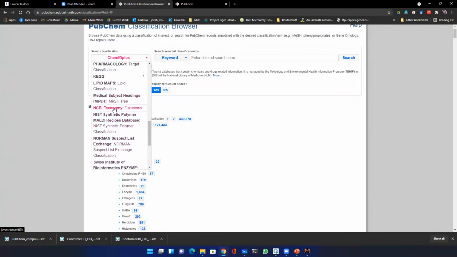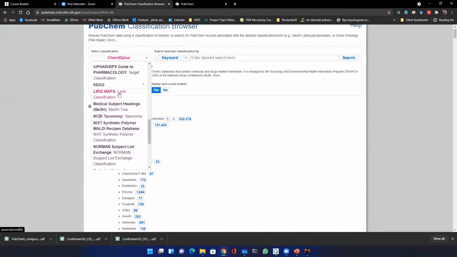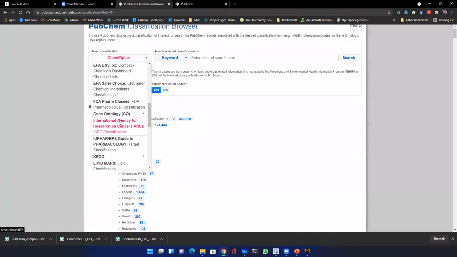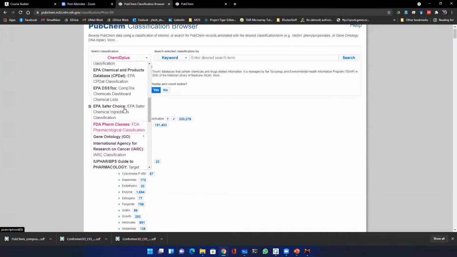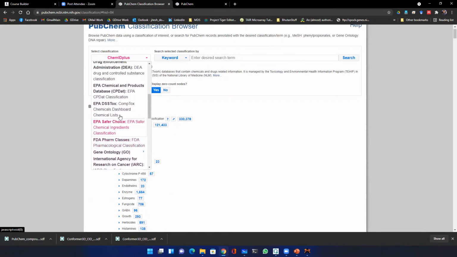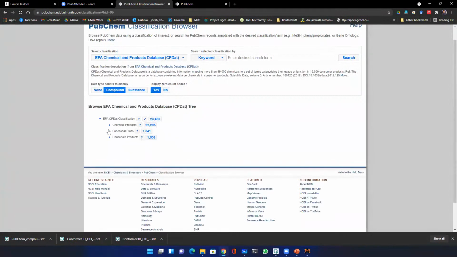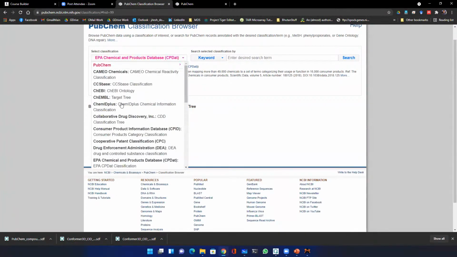Synthetic polymer, no. In severe taxonomy, mystery, lipid classification, target. No, I think I need to look into that a little bit more. Which category would contain that kind of a classification scheme or a class? Not this.